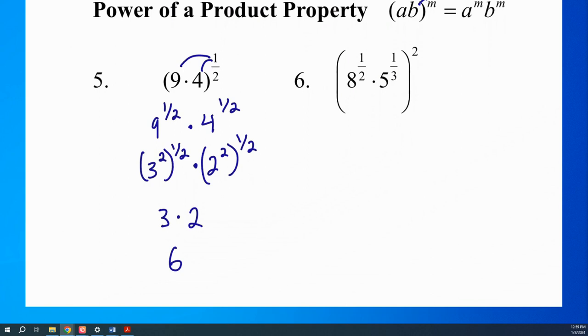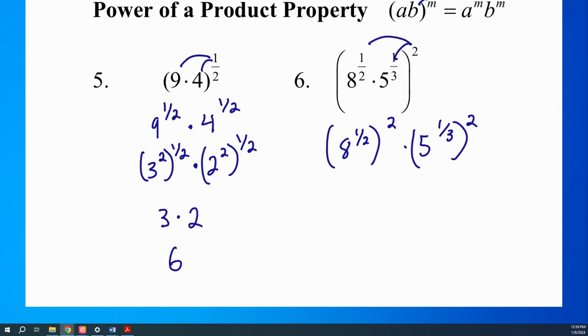But this works especially nicely in pieces like 6 where our exponents are a little bit different, right? So again, I can distribute this 2 out. So I'm going to get 8 to the 1/2 squared times 5 to the 1/3 squared.